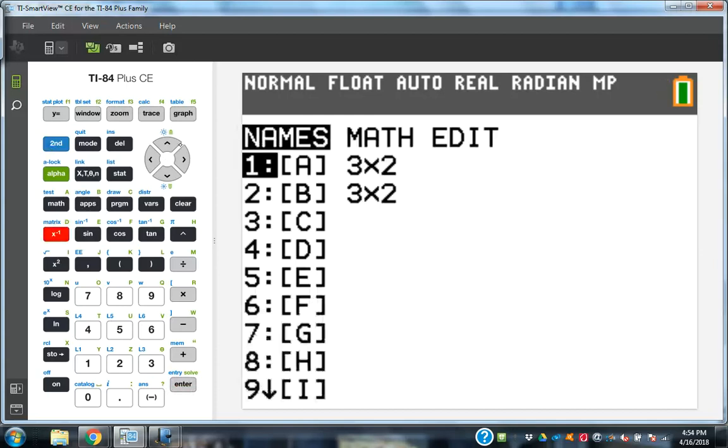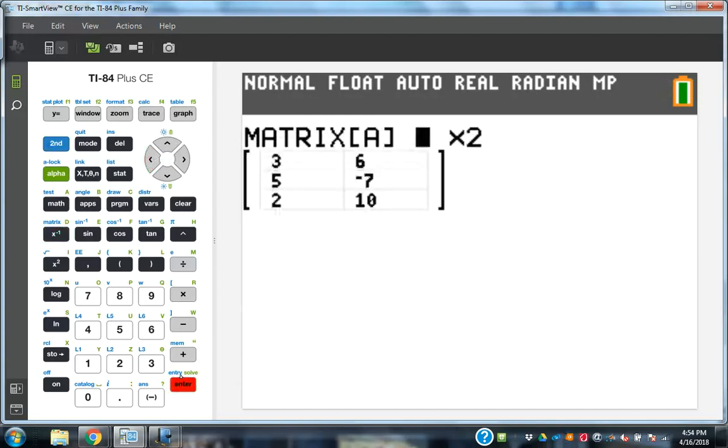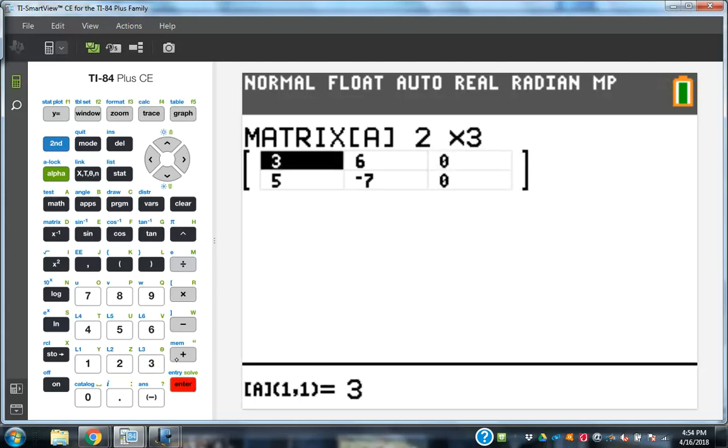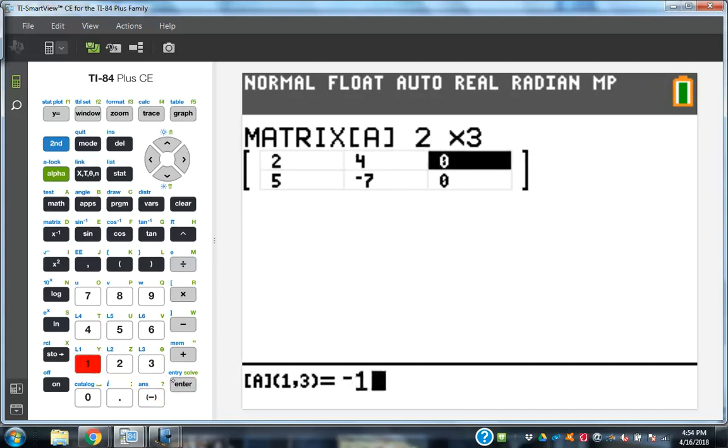But if you are going to engineering school, you might want to work on maybe learning to do that by hand. 2 by 3. All right, so I'm going to enter in matrix A: 2, 4, -1, 5, 8, 0.